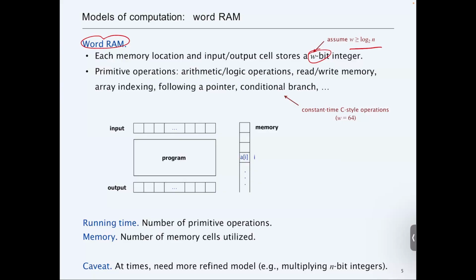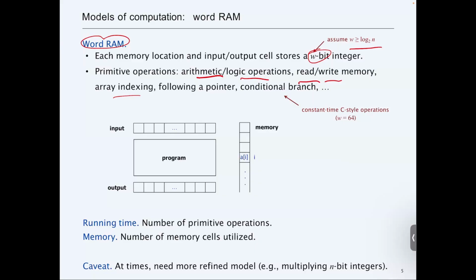Under this model, certain operations are considered primitive operations, and what this means is that they each cost 1 unit of time. So there's many examples of what a primitive operation is. They can include addition or subtraction, logical operators like your ands, your ors, your exclusive ors, reading from memory, writing to memory, indexing some array, maybe following a pointer, maybe things like if statements, while loops, having some conditional branch.